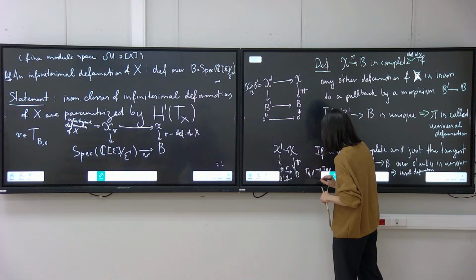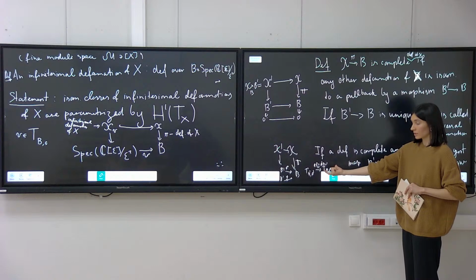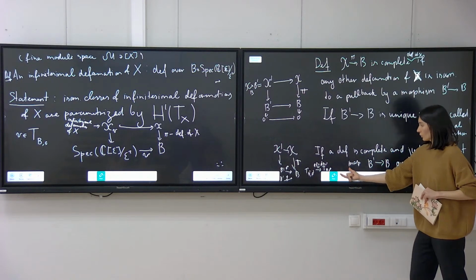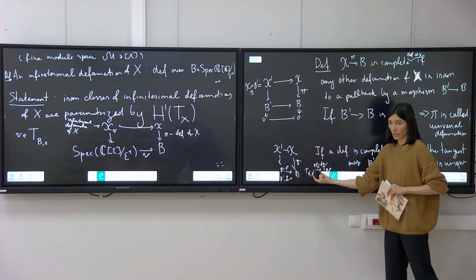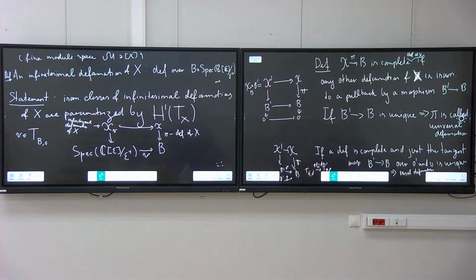So we ask uniqueness only for tangent maps. Okay, this is the so-called versal deformation.